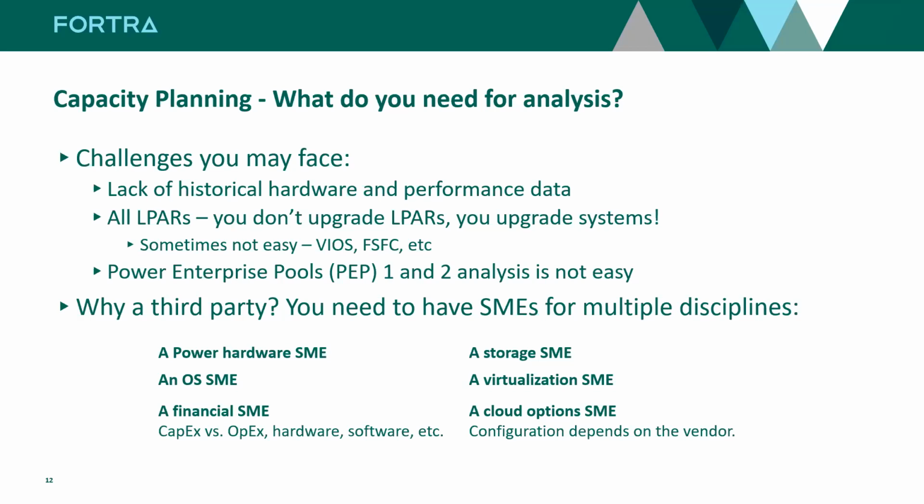Well, when you're doing a capacity plan, even though you don't care about the performance of those other LPARs, they do take up resources. So I like to say, when you are doing capacity planning, you're not doing it on an LPAR, you're doing it on a frame. You're not buying LPARs, you're buying frames, right? And you have many LPARs potentially on a frame. In a perfect world, you would have all of those.